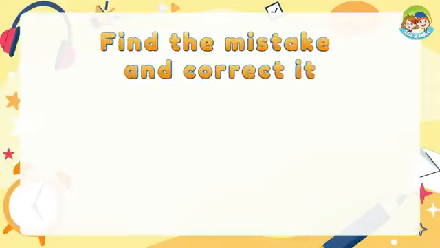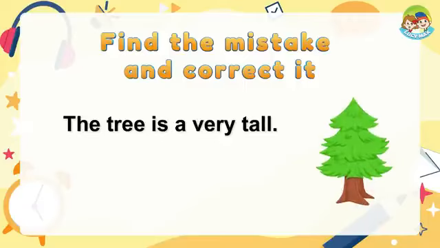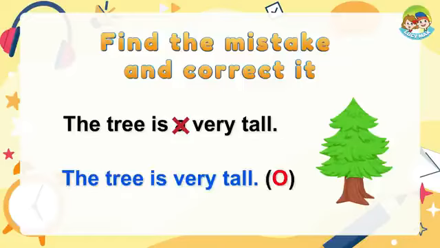In the next section, find the mistake and correct it. The tree is a very tall. We do not use an article without a noun. The answer is the tree is very tall.